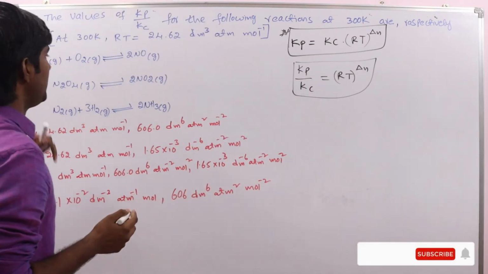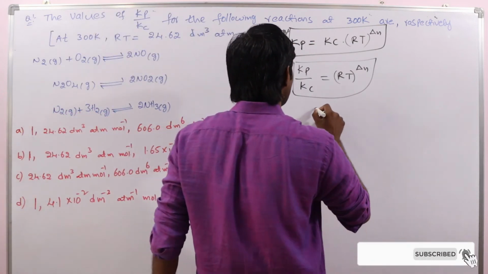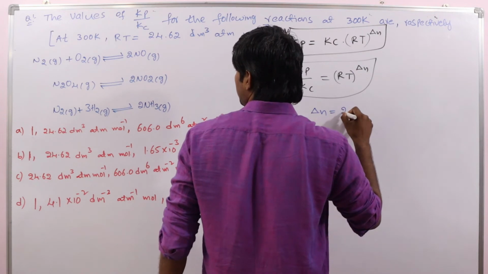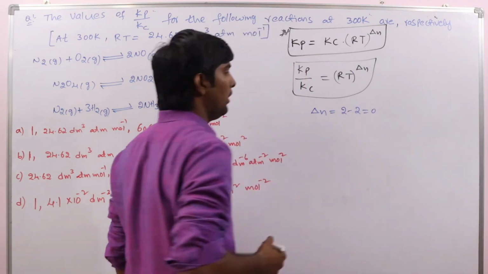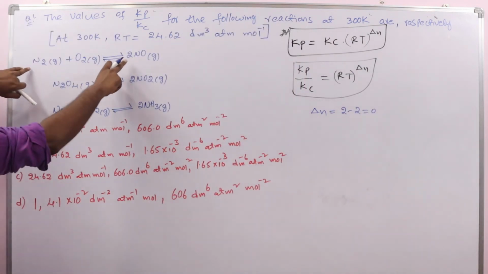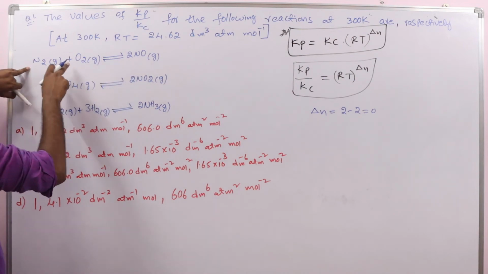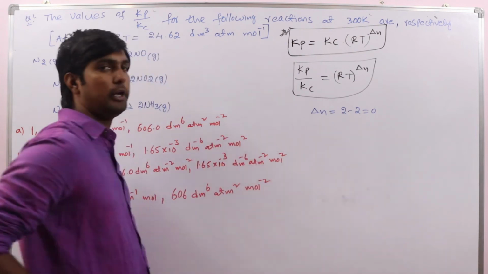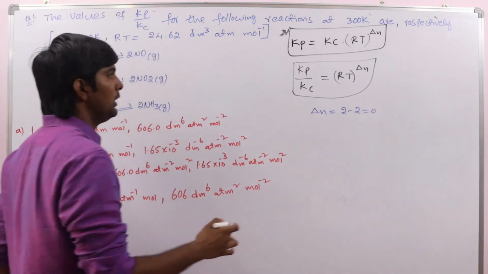So for the first reaction, delta n is equal to how much? 2 minus 2, that equals 0. Here, 2 moles of gas products minus total 2 moles of gas reactants. So delta n equals 2 minus 2 equals 0.